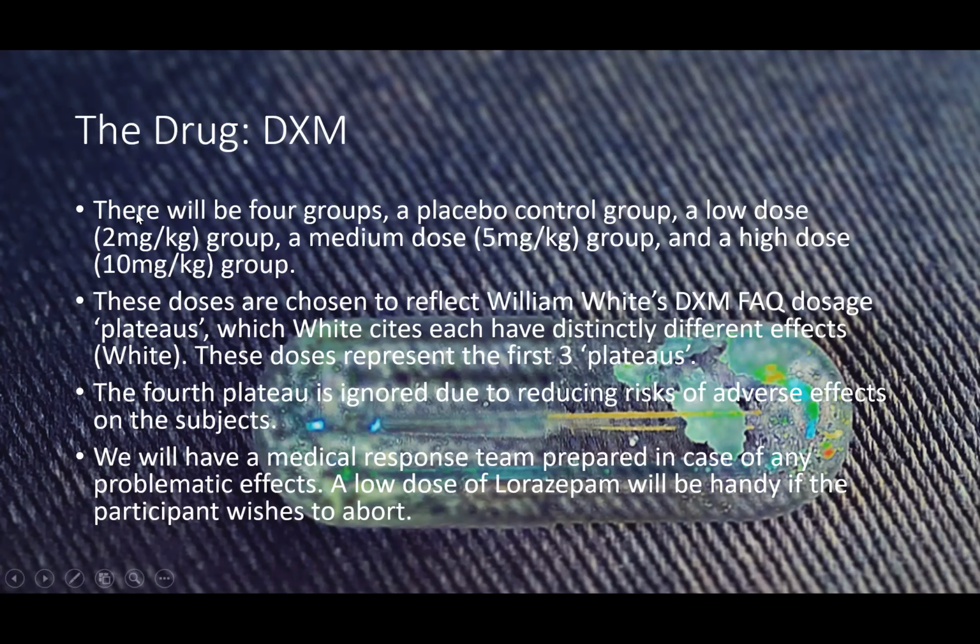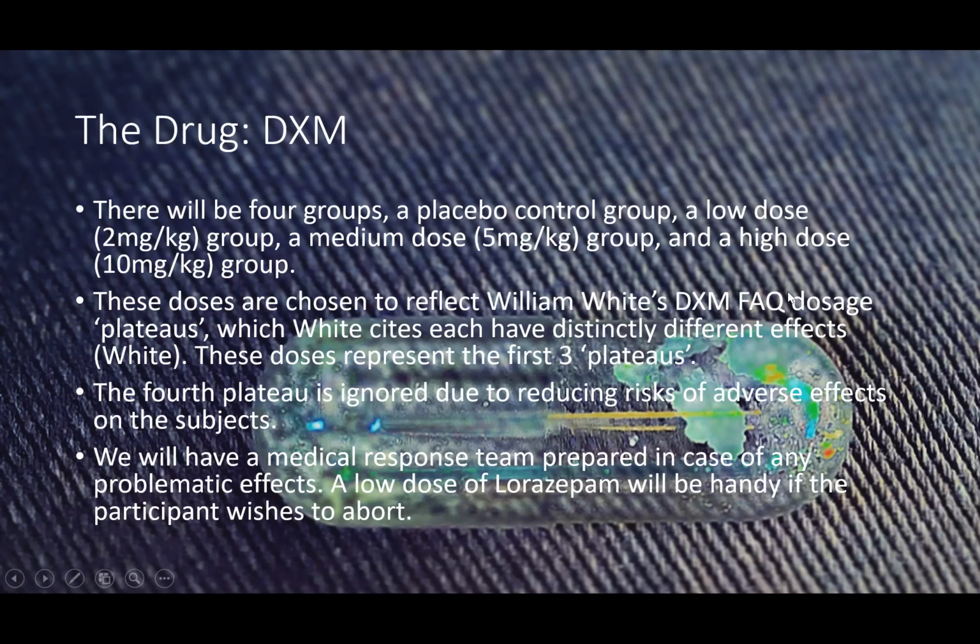Then, okay, so there'll be 4 groups. There'll be a placebo control group, a low dose group with 2 milligrams per kilogram, a medium dose group at 5 milligrams per kilogram, and a high dose group at 10 milligrams per kilogram. These doses are chosen to reflect William White's DXM FAQ, which most of you may not have heard of.